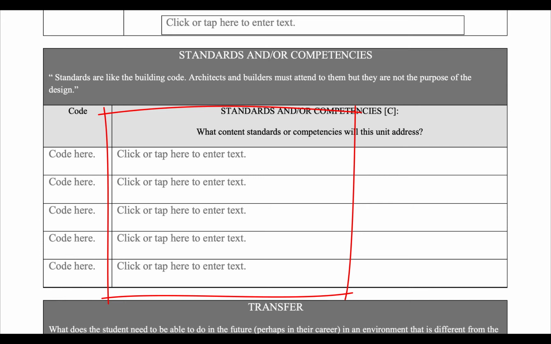We're finding out what the industry needs, and we're going to select those needs that apply to our unit. And then we're going to work up to those competencies. So this is where you drop in the competencies in quotes. And if the industry has a code system that they're already using, drop that code in the code area.